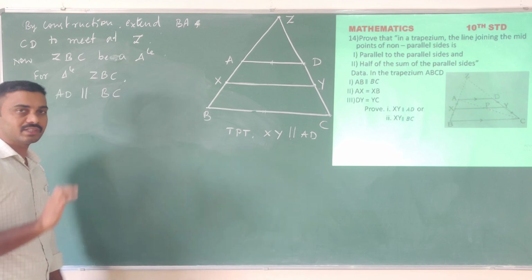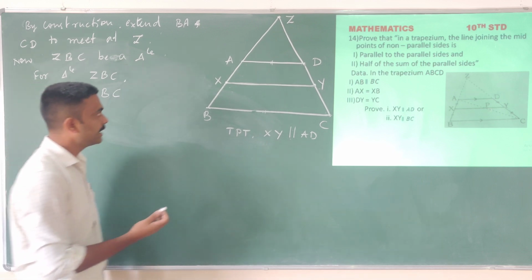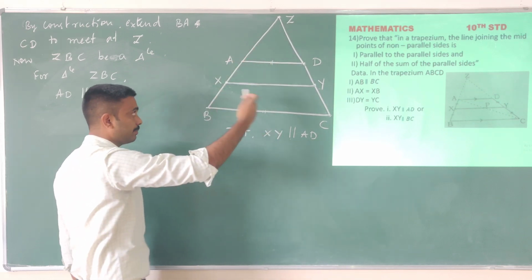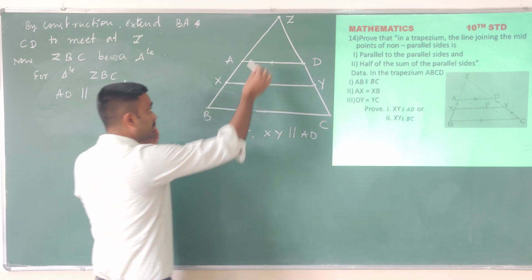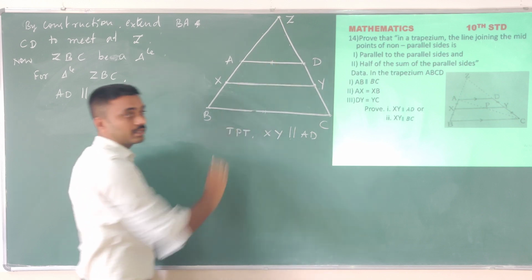Now we all know the basic proportionality theorem. What it says is that if in a triangle ZBC, AD is parallel to BC, then the ratio of these sides is equal to the ratio of these two.